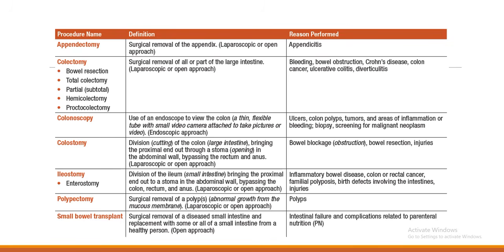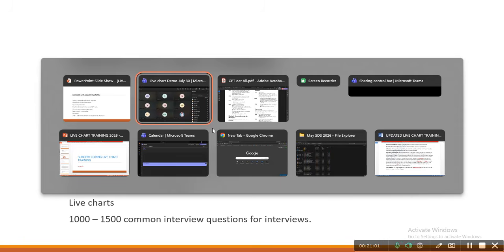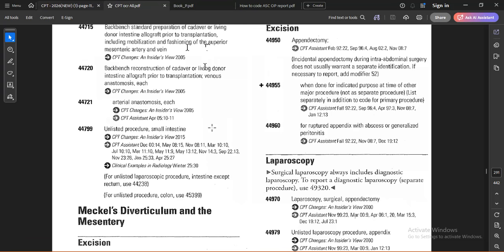Next, in this live chart training, you will learn 1 to 6 series, approximately 40 to 50 live charts. And you will learn components of the operative report. Sorry for interrupting. Is this only like E/M or general procedures also you will teach? So all procedures.